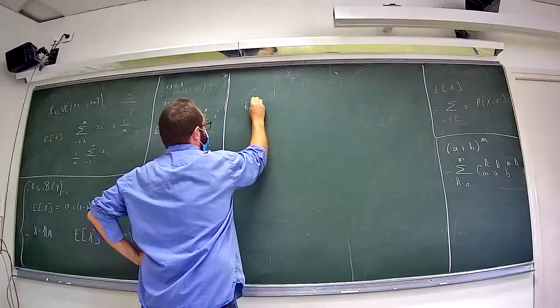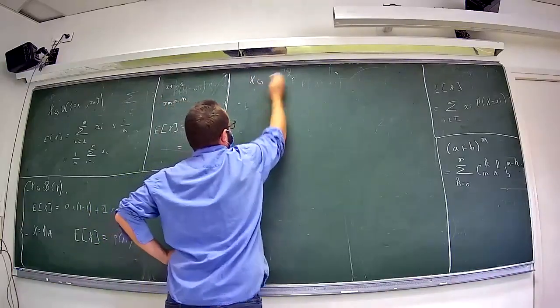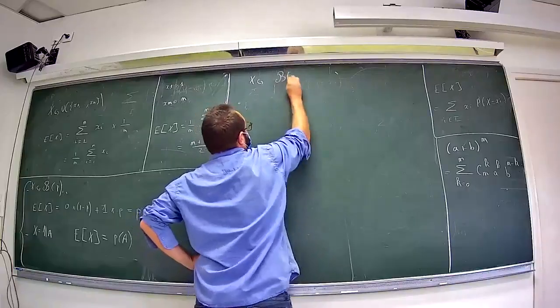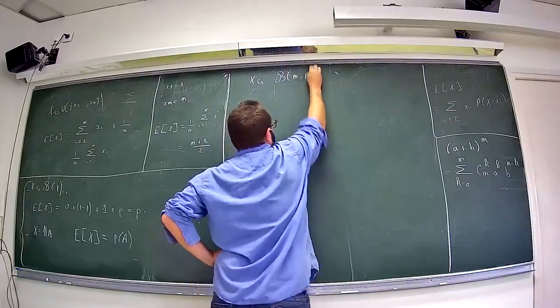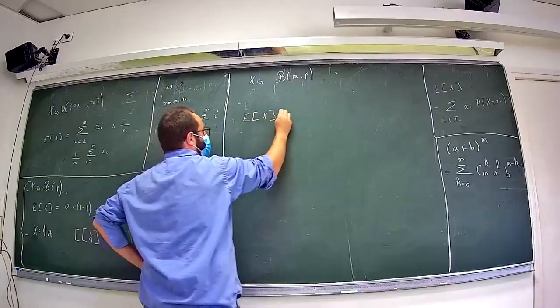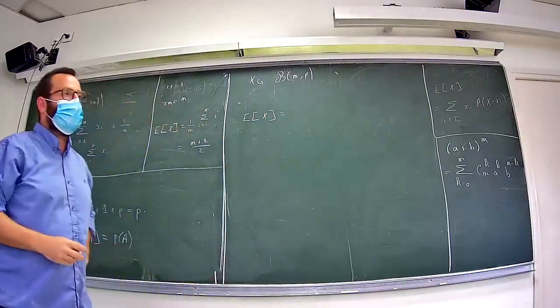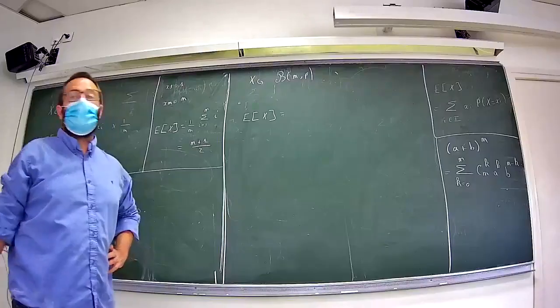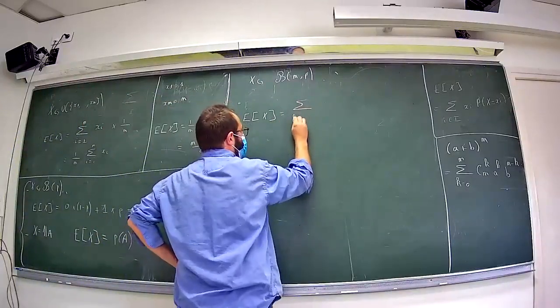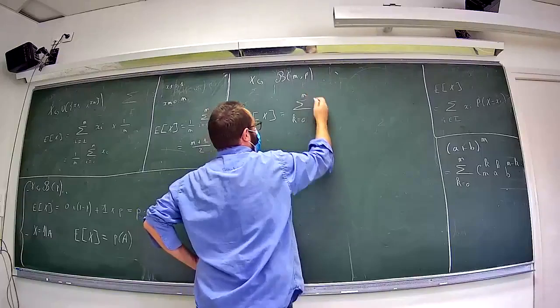So when x follows a binomial of parameter n and p, by definition, the expectation of x, that is just a finite sum here, is a sum from k equal to 0 to n of what?